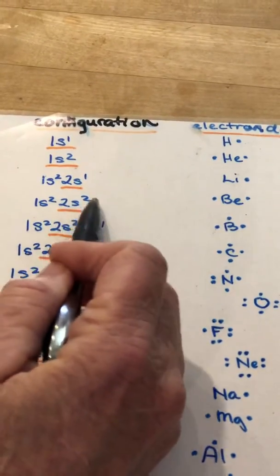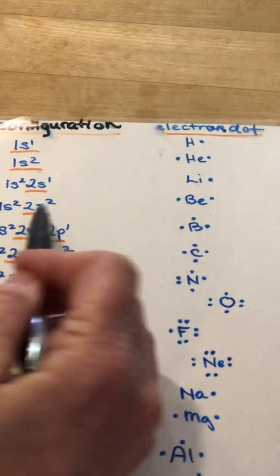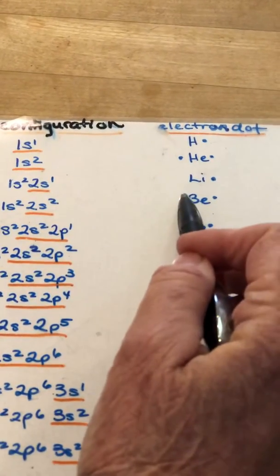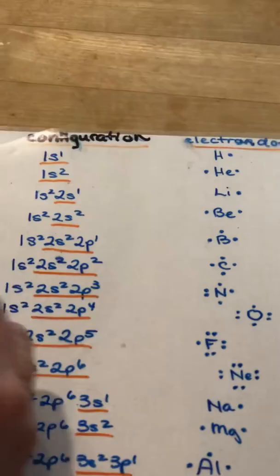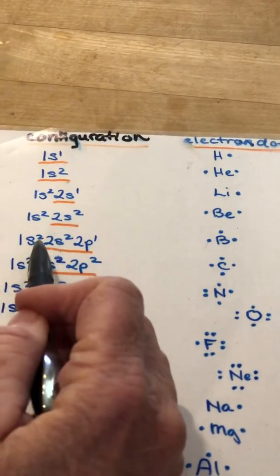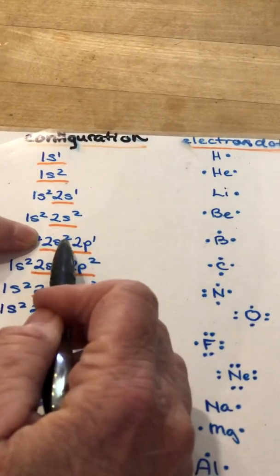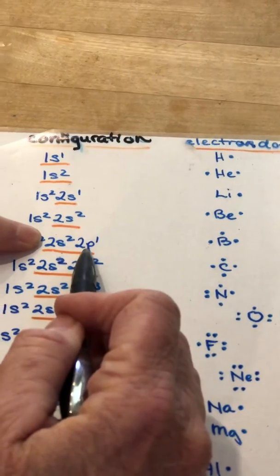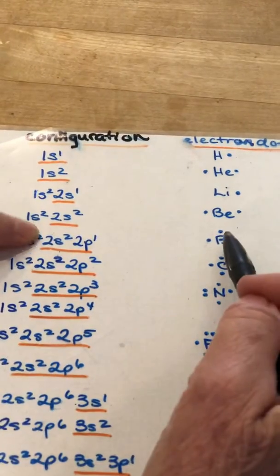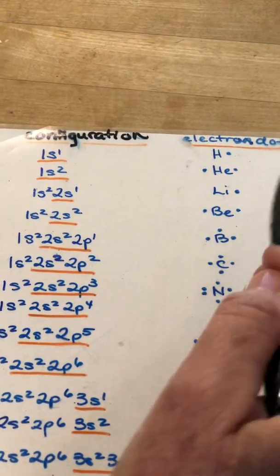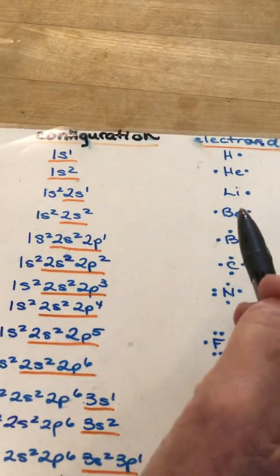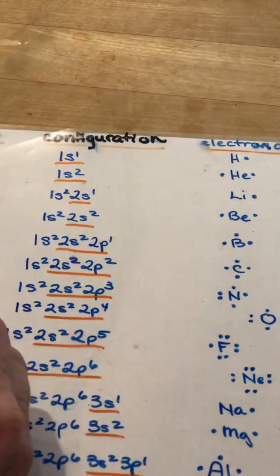The valence electrons are in the 2s subshell, and they're here and here. If you go to boron, you've got 1s2, and then these remaining 3 electrons in the 2s and the 2p orbitals are the valence electrons. So boron has 3 dots. Notice I haven't paired any of these dots up yet.